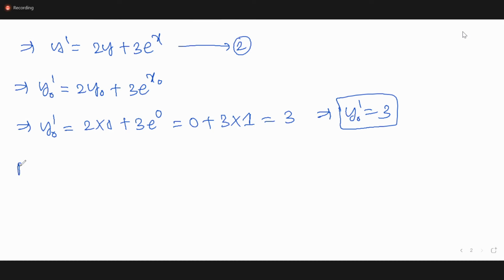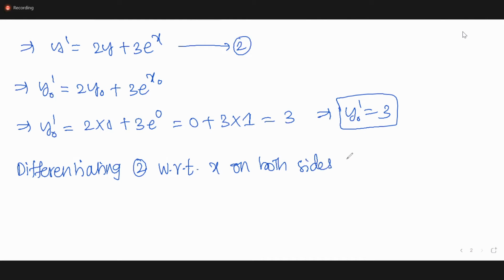Next, differentiating with respect to x on both sides, you get y double dash is equal to 2y dash plus derivative of e power x, which is e power x only. Now find the second order derivative at x is equal to x naught, that means y naught double dash.